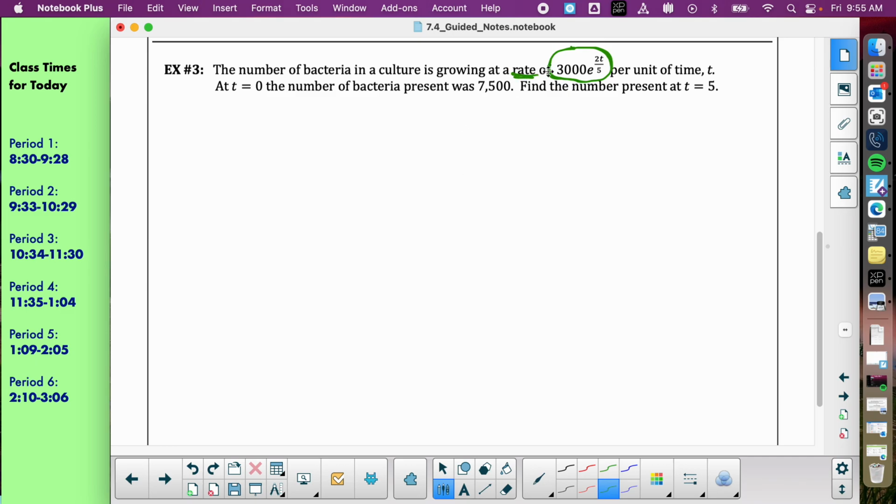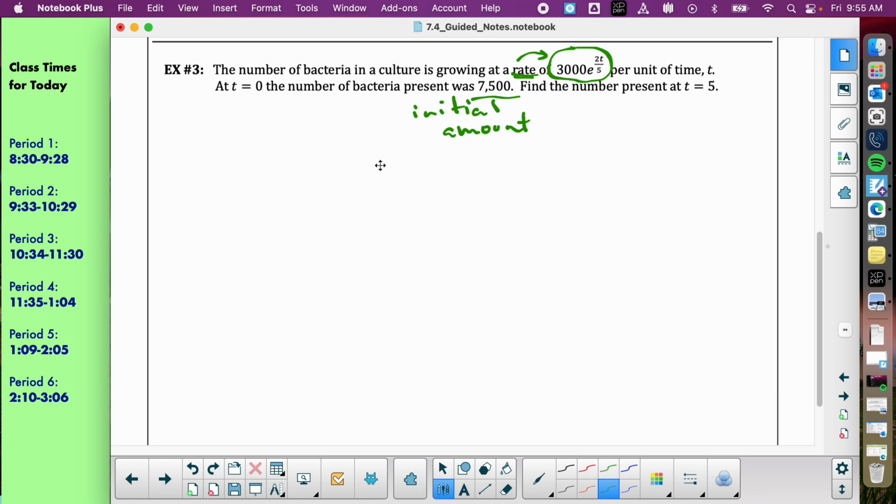But if you read the words, this is the differential equation, the derivative. And then it says at t equals 0, the number of bacteria present was 7,500. So you should take that as initial amount. Then it says find the number present at t equals 5.